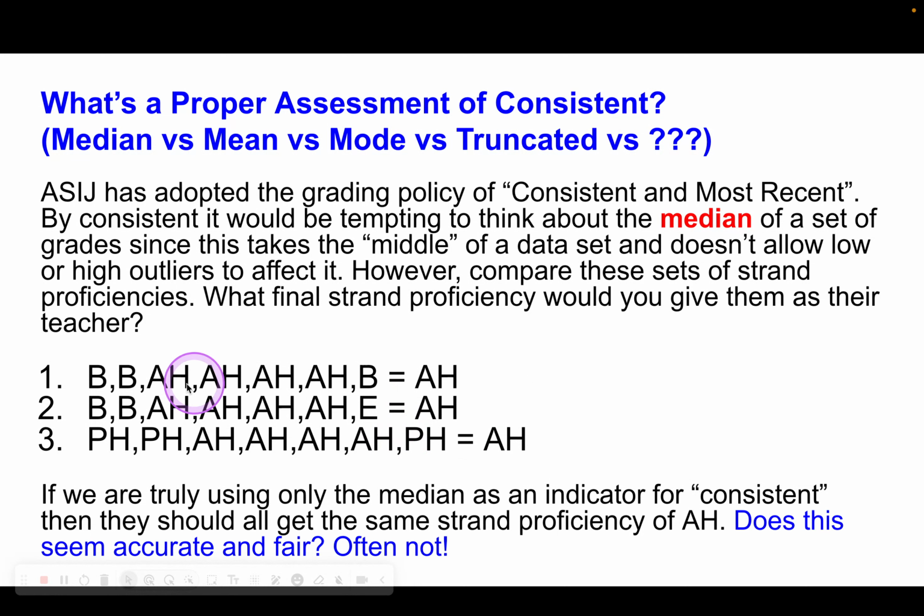Now, if you're student number 1 and somebody else is student number 3, that's probably not going to seem very fair to you, right? Why should you both be getting the same grade when this person has 3 B's and this person has 3 PH's? So this is a good example of why the median is maybe not a good way to calculate your grade.